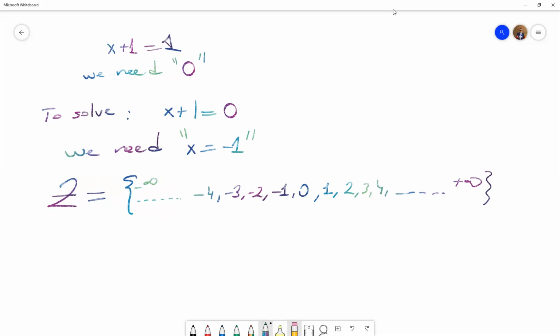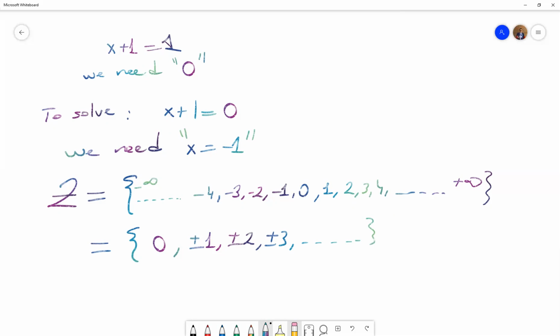We can also write it like this: 0, plus minus 1, plus minus 2, plus minus 3, and dots. This is a compact set also.